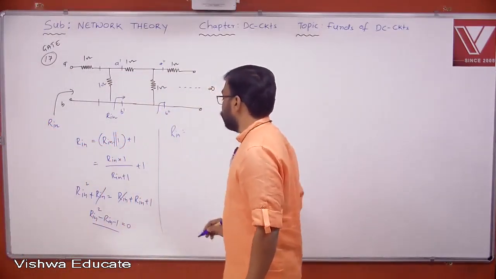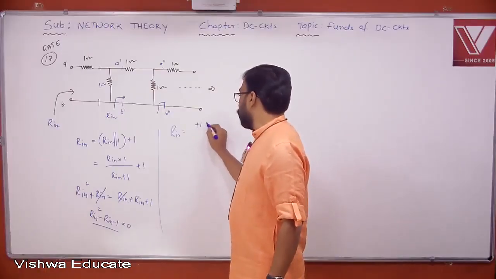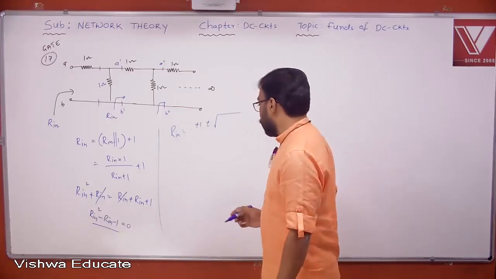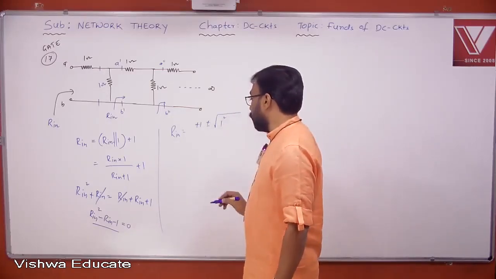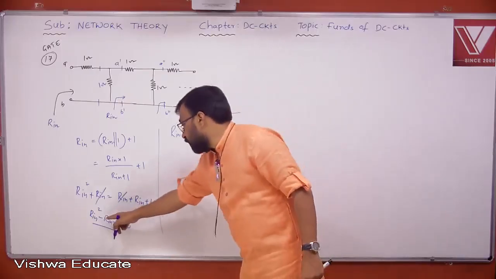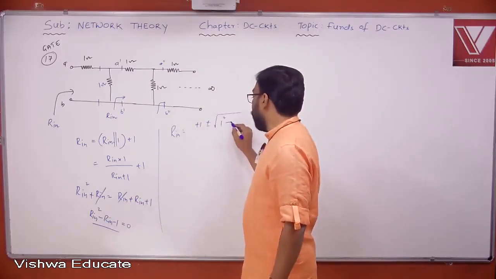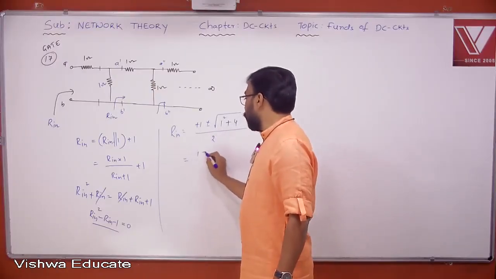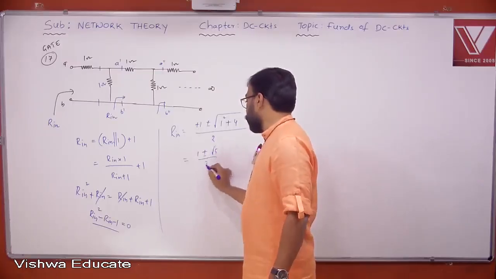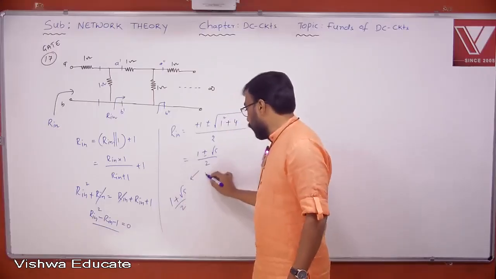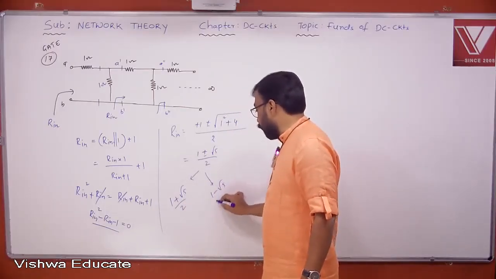Rin is equal to, okay, plus 1 plus or minus root of b square minus 4ac, 4 into minus 1, but plus 4 here, and then finally you got 2. So 1 plus or minus root 5 by 2. Obviously you got 2 values, 1 plus root 5 by 2 and 1 minus root 5 by 2.